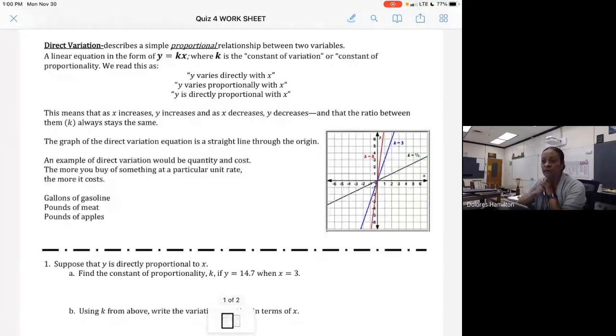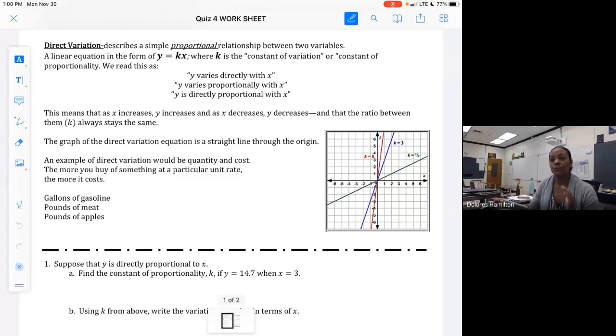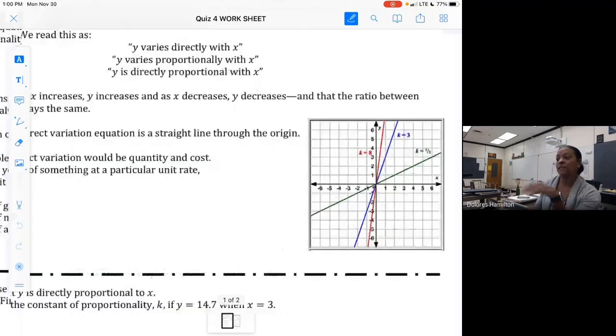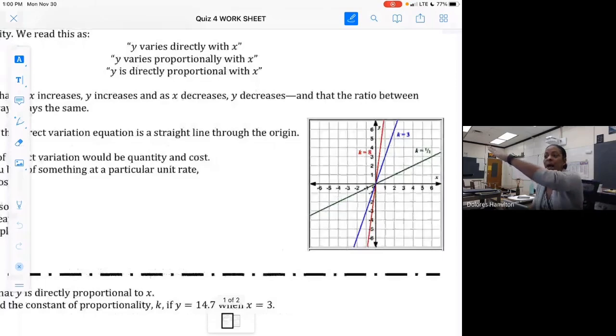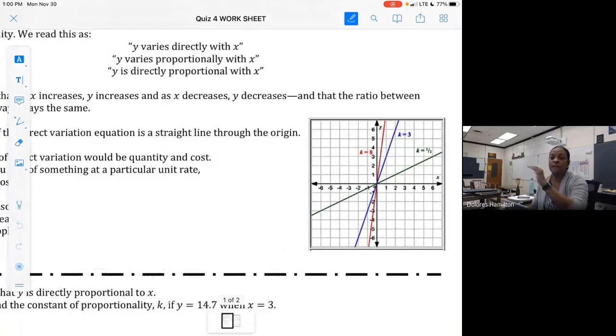So here's another slide that shares with you just the various ways that we can say that y equals kx. K, again, is our constant of proportionality. As one increases, the other increases. And to the right, you'll see these graphical representations where we can see that as one increases, the other increases as well.